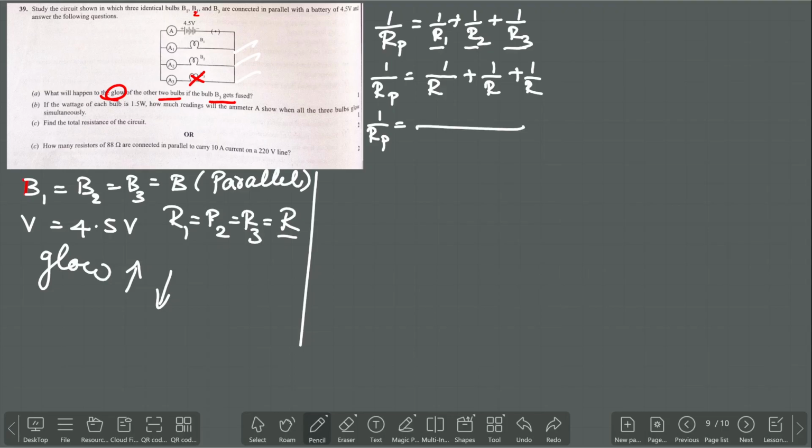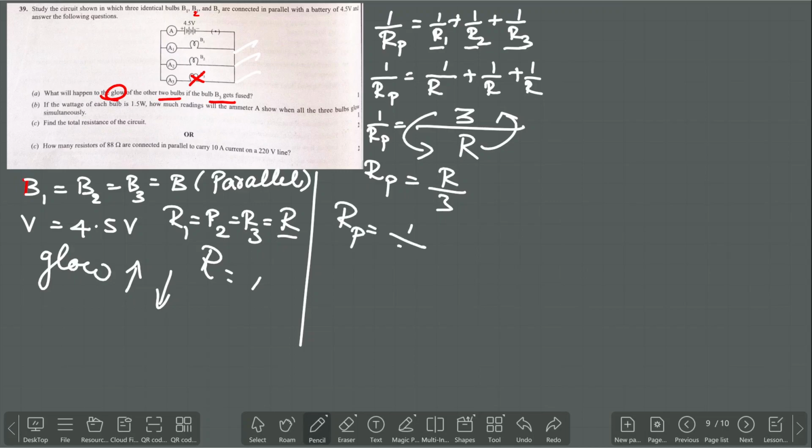The common denominator is R, and the numerator is 1 + 1 + 1, which is 3. We need Rp, so take the reciprocal: Rp = R/3. Since we do not know the value of resistance, let us assume R is 1. Now substitute, Rp = 1/3. What is the value of 1/3?